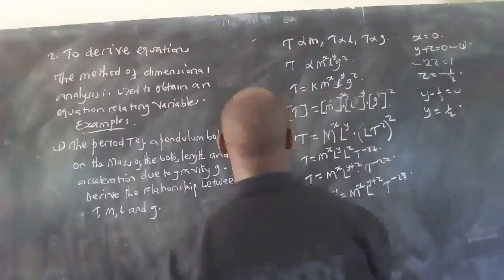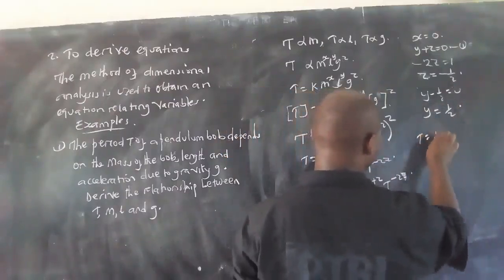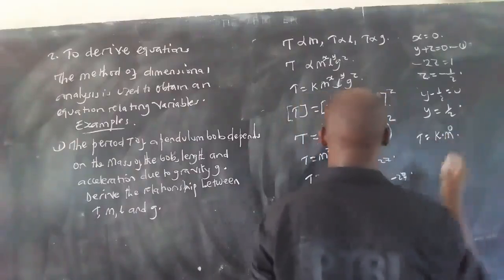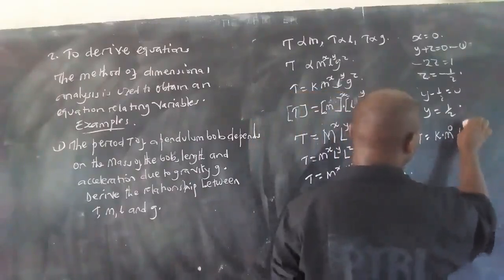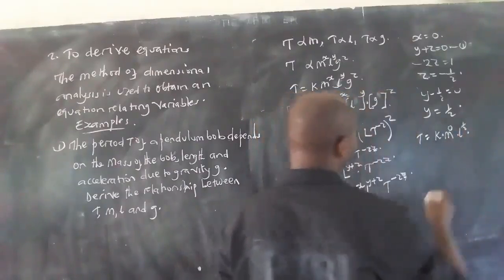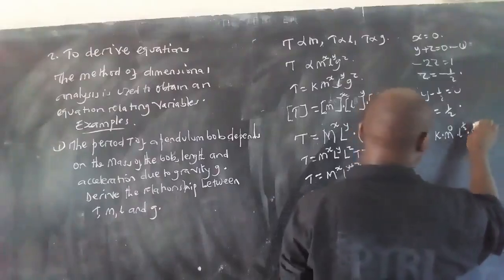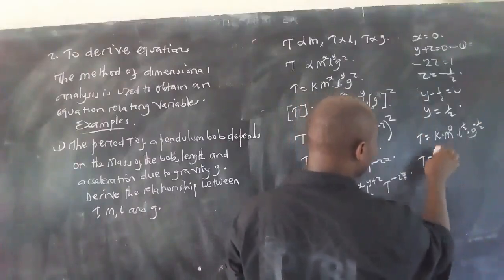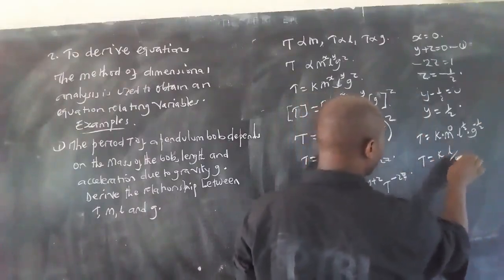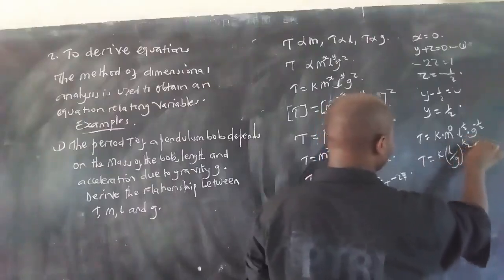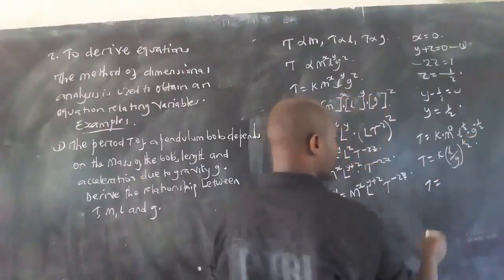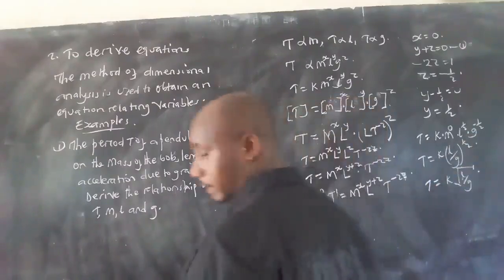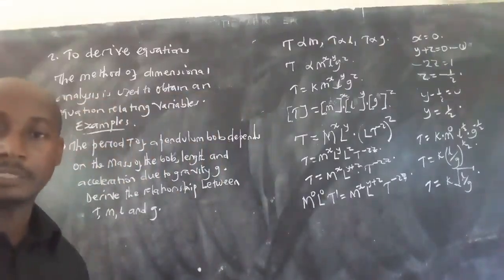Now we substitute, so T becomes K times M to power 0 times L to power half times G to power negative half. So our period T will become K times the square root of L over G. That's number 1.